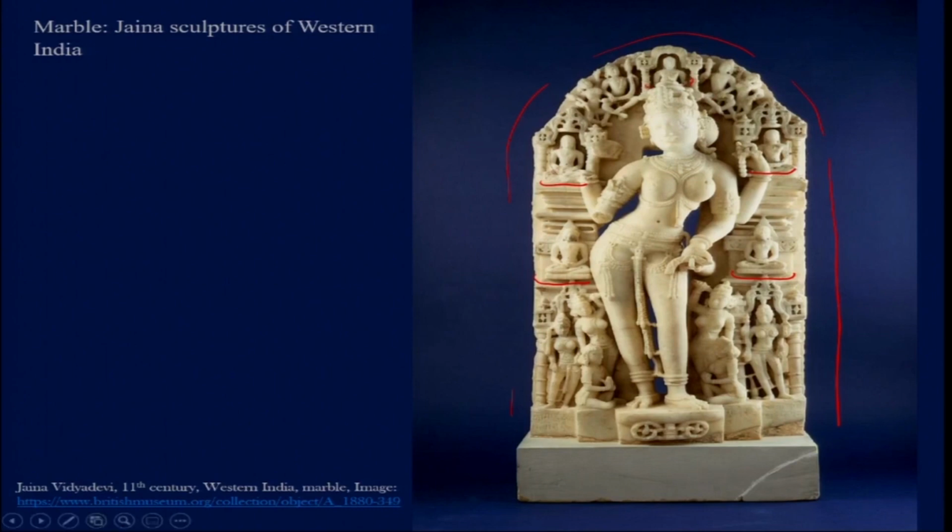So there are the Jaina Tirthankaras, and then the divine figures, and when we see that all of them are executed in marble, then the high significance of the white color in the Jaina context comes alive.